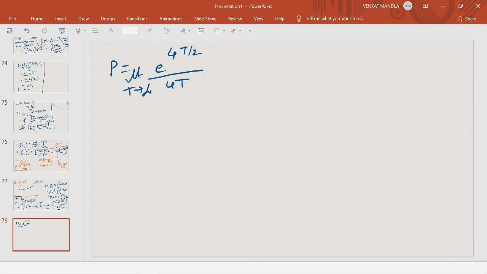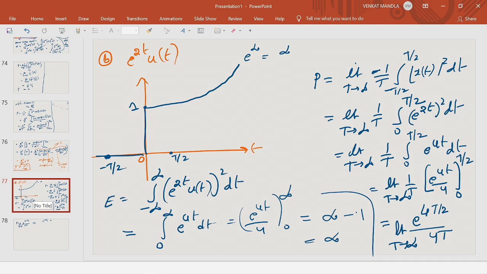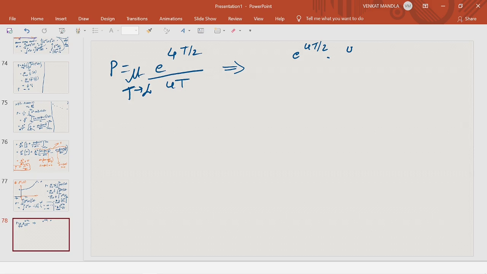You have to apply L'Hospital. So differentiate numerator and denominator with respect to T. Then again apply the limit T tends to infinity.